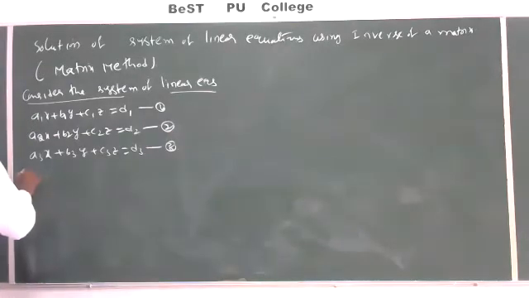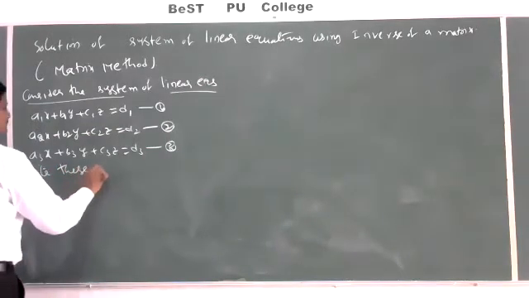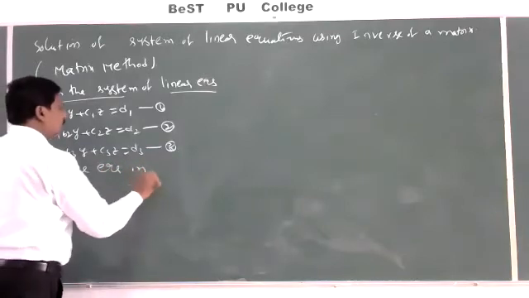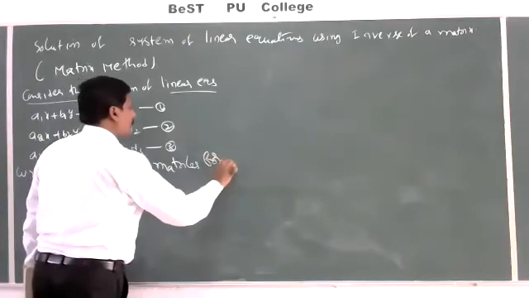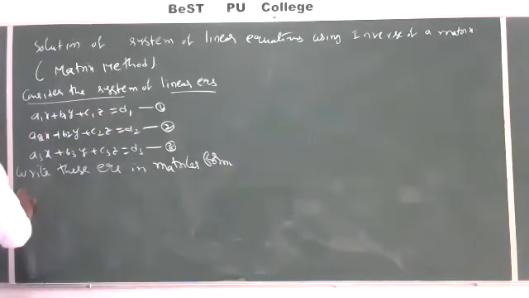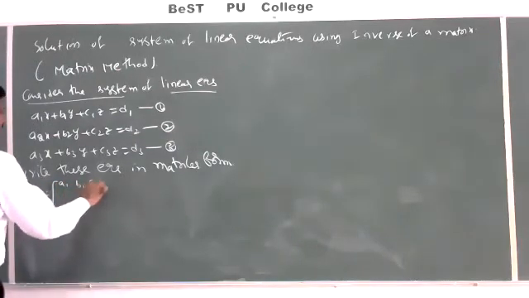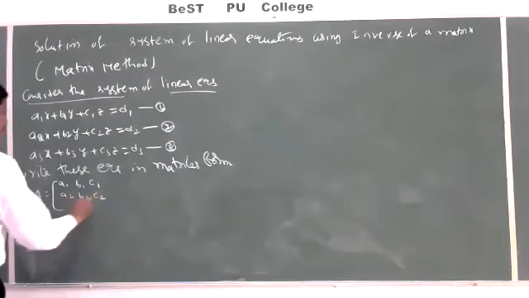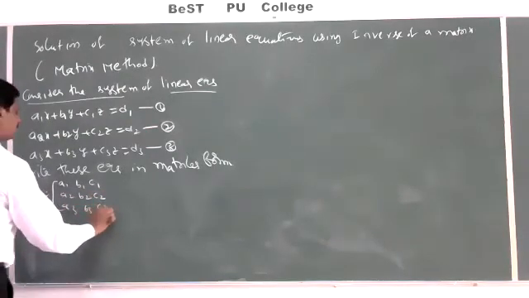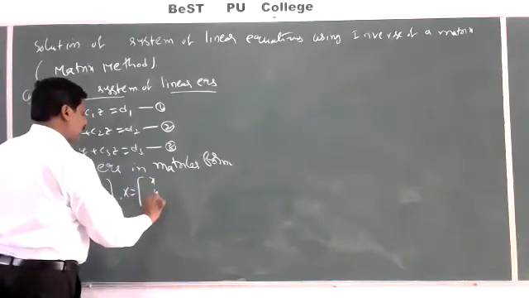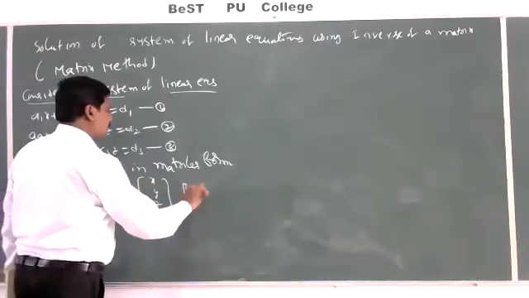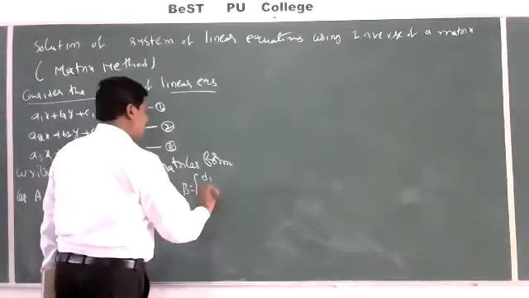Write these equations in matrix form. First, let A equal to the matrix with rows a1 b1 c1, a2 b2 c2, a3 b3 c3; X equal to x, y, z; and B equal to d1, d2, d3.